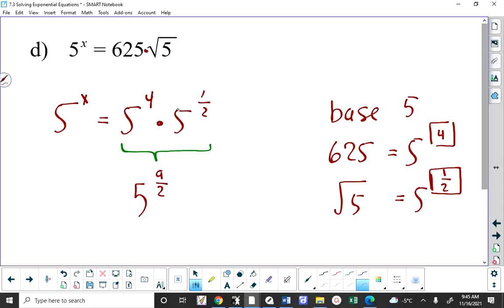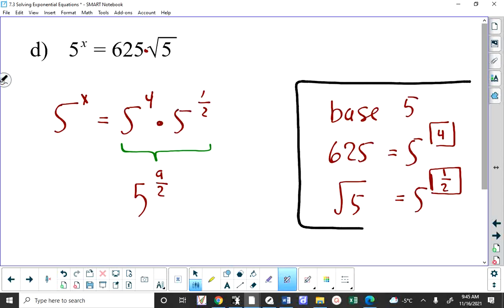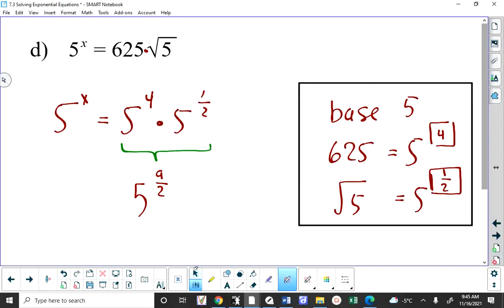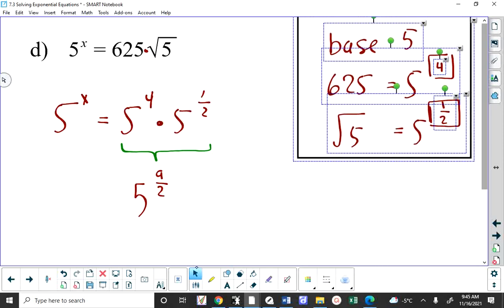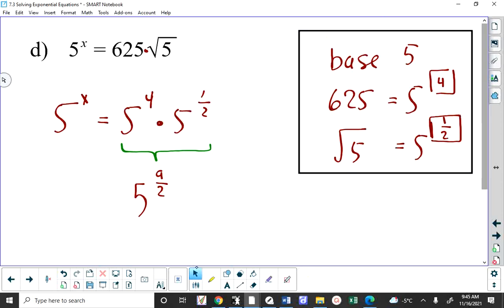Now, why? The reason why is that back in grade 9, I suppose it is, you learned that if you have a to the b multiplied by a to the c, in other words, you're multiplying two powers that have the same base, you add the exponents.